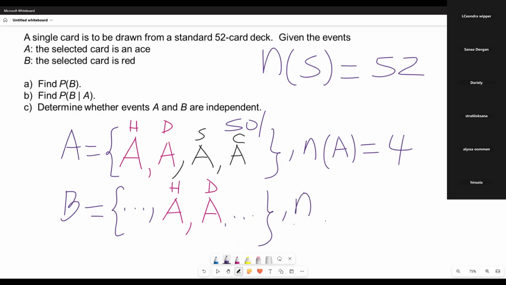And then of course, we got 26. So N of B equals 26. Is this clear? There are 26 red cards. 13 are hearts, 13 diamonds. That's 26.